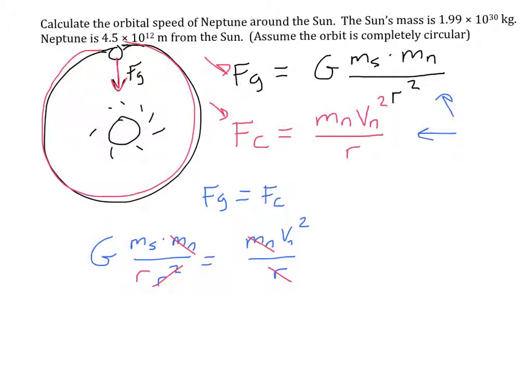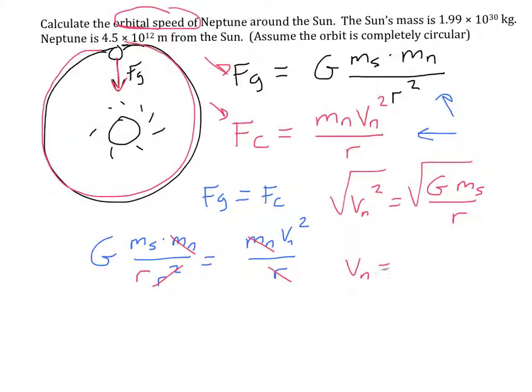And so what's left after all that canceling is vn squared equals big G times ms over r. And we're trying to find the orbital speed of Neptune, meaning vn. So we're practically there. Now we just take the square root of both sides, and that will cancel the squared term. So vn, the velocity of Neptune, is the square root of G times ms over r.